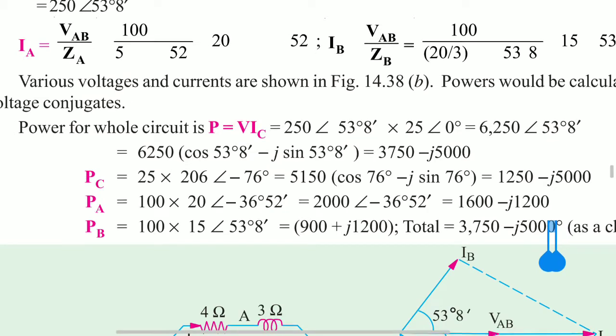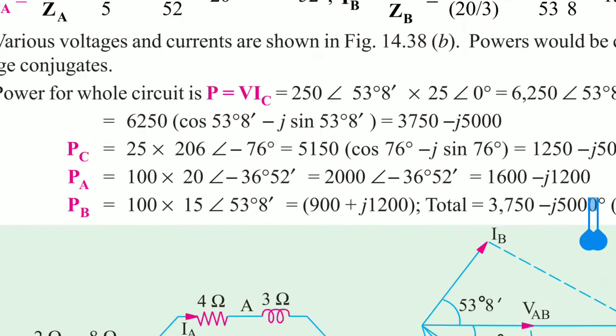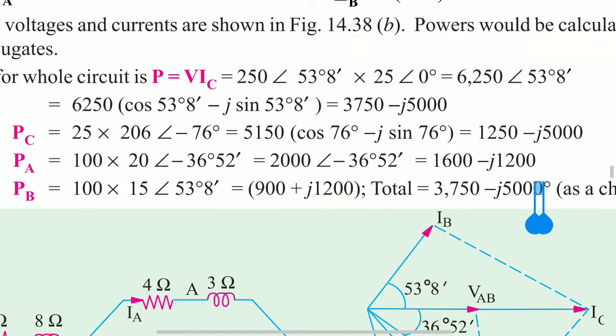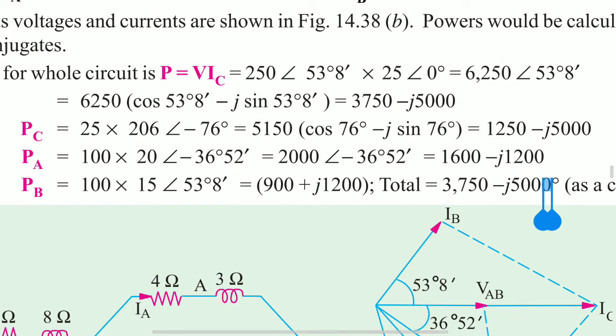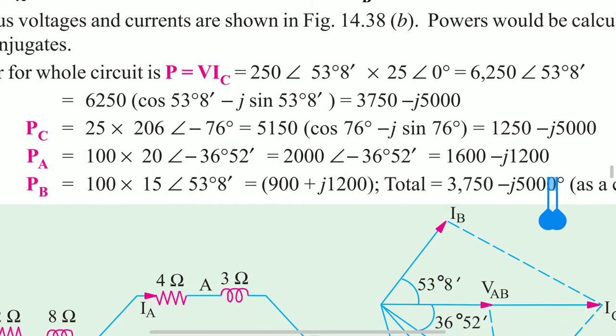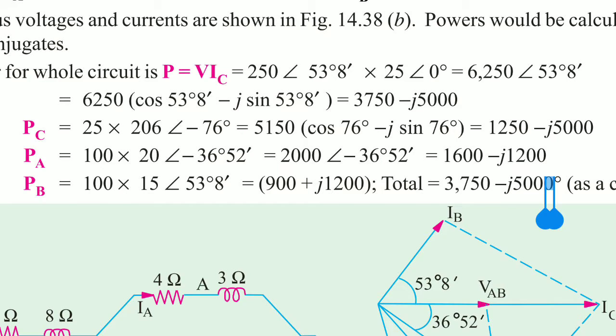So in branch C, the active power is 1250 watts and the reactive power is 5000.